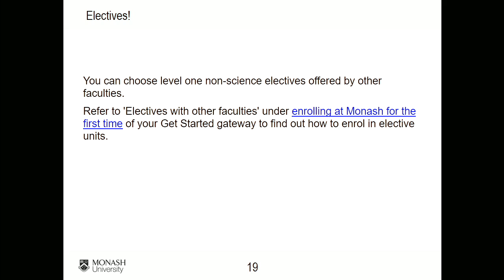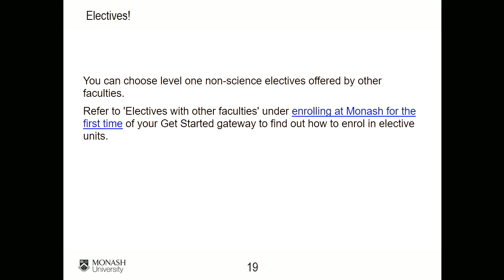Some language units, and there are a number of students who take languages through arts, may require a test or a demonstration of competency. In engineering, if there's space in the units, you can enrol in ENG coded units during O week via WES. You're restricted to units that do not cover maths, chemistry or physics because you need to enrol in those via science and not via engineering.